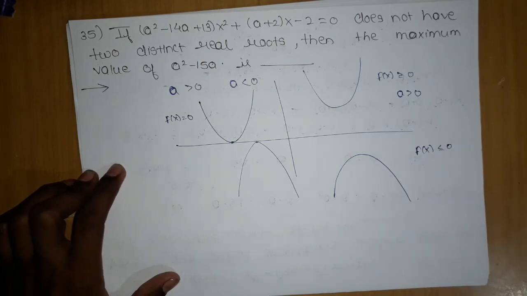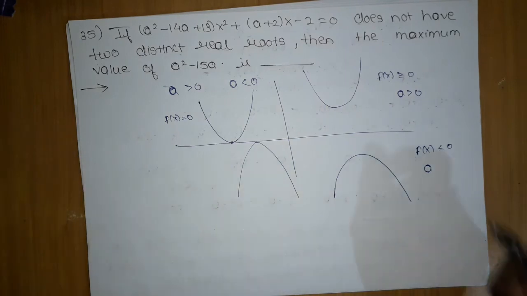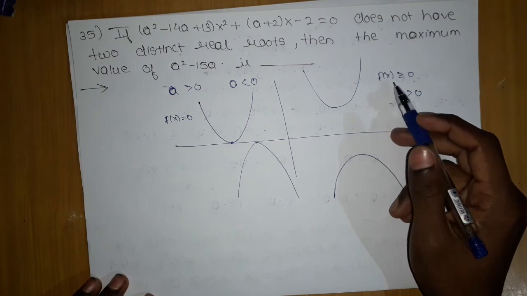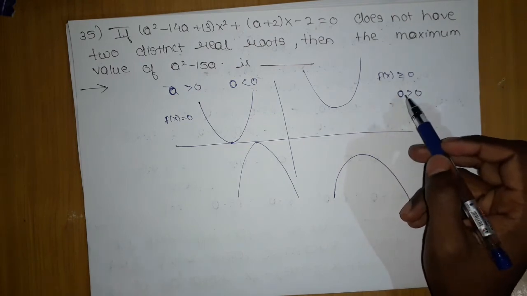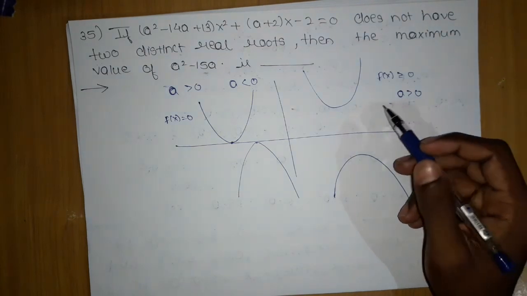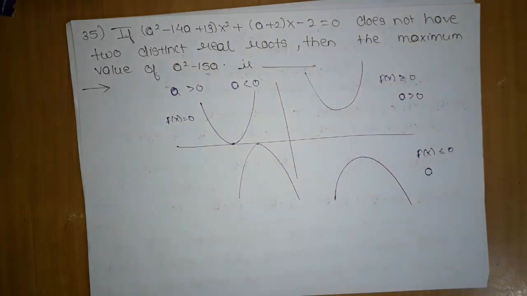Now listen, one more thing which I want to teach you. In classes they teach that for a greater than 0, divide by a if it is negative and create a positive parabola, so these conditions only they teach. But in an examination it's better to learn more conditions and increase your understanding. You will understand the questions by graph, and you should draw the downward parabola too.